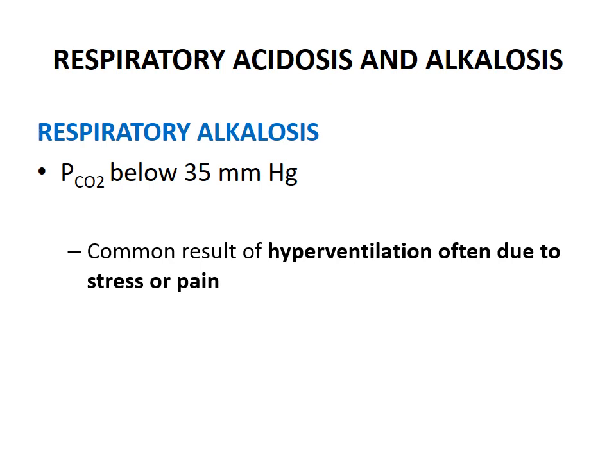This also happens during stress and pain, where the person undergoes hyperventilation. There are also some cases where there is a problem with the medullary respiratory centers, which can also give rise to hyperventilation. Carbon dioxide is eliminated faster than it is produced.